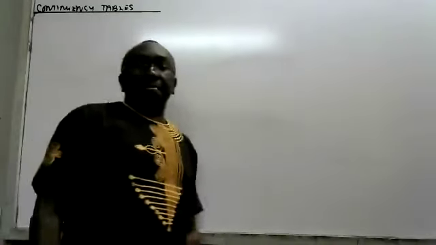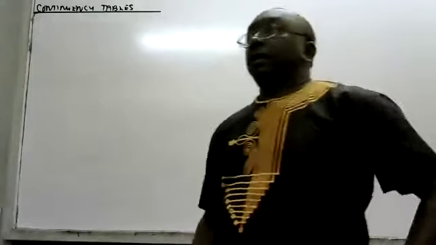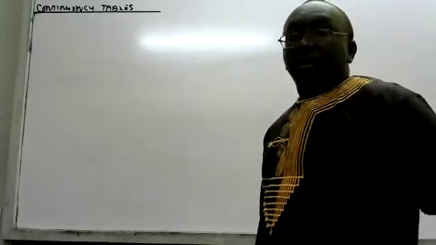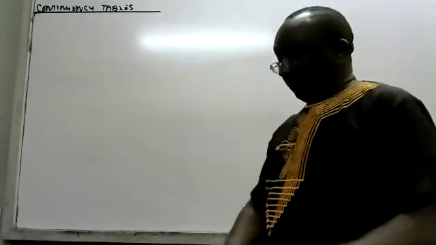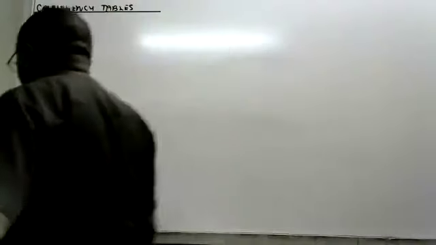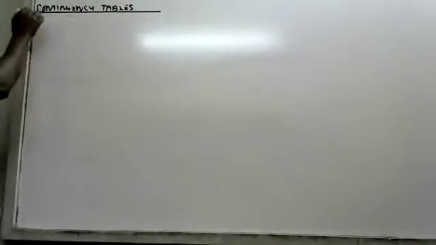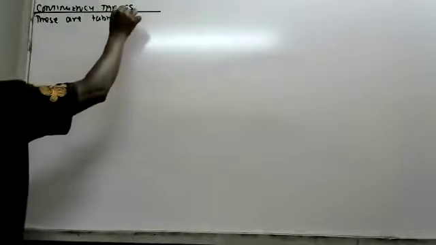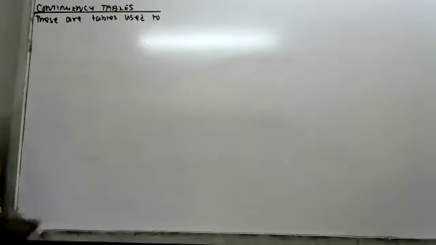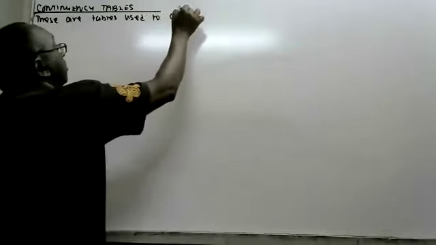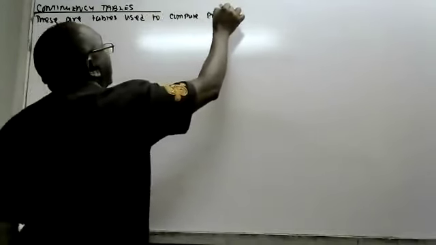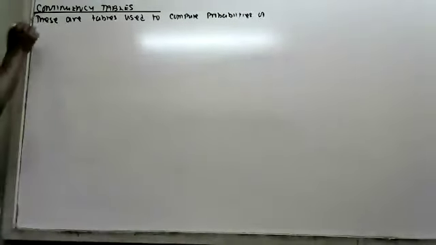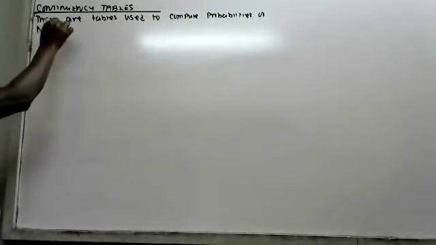Contingency tables are simply tables that are used to handle dependent events. We can say these are tables used to compute probabilities of two dependent events.